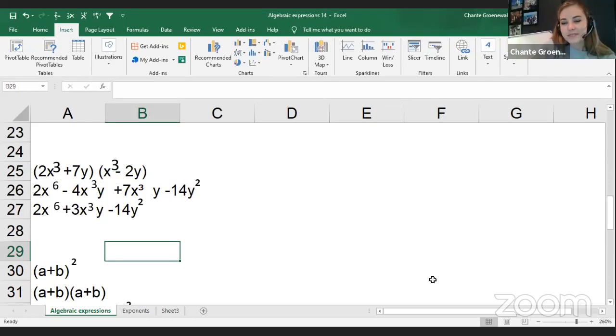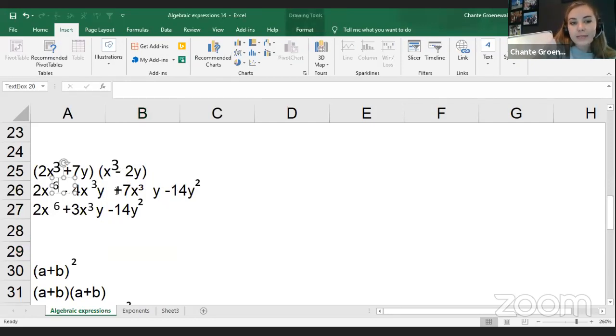Do you have a question? Ma'am, since there's minus 4x to the power of 3 and y plus 7x to the power of 3 of y, doesn't the x to the power of 3 and y cancel? No. It can't cancel out because you add them and it's a plus and a minus.